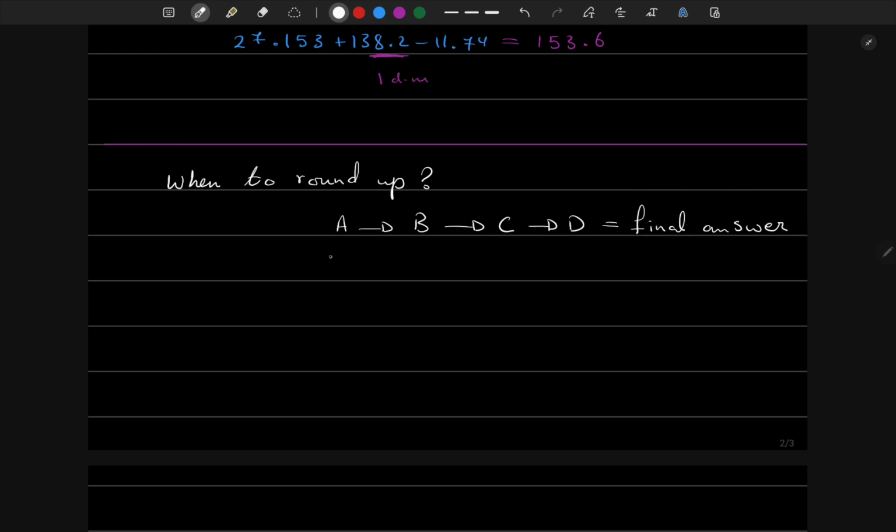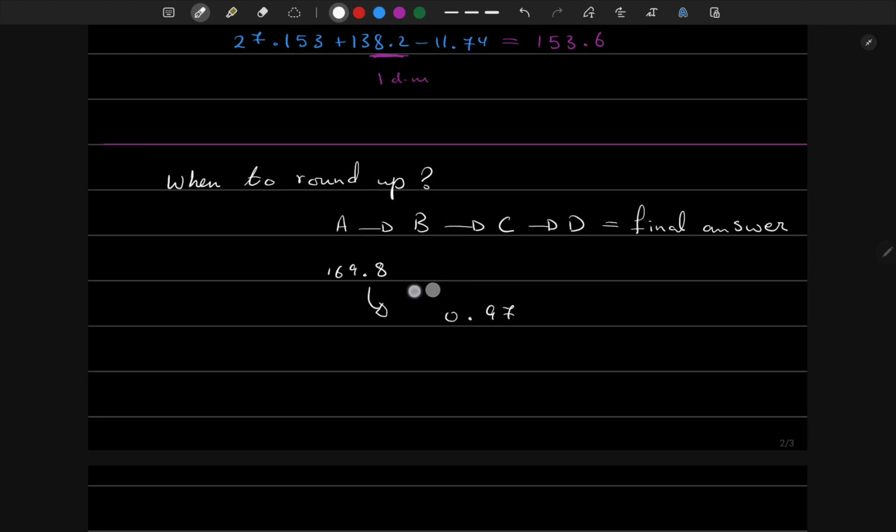For example, you round up the first number and then you use this in a different calculation and you get an answer and you round up this number again, and then you're going to use it in a different calculation. When you get to the final answer, it is going to be so much affected by the numbers that you have rounded up 2, 3, or 4 times.